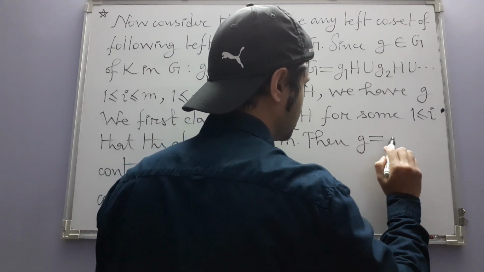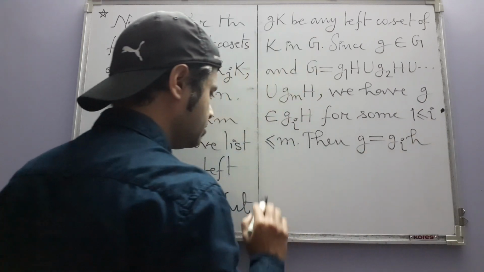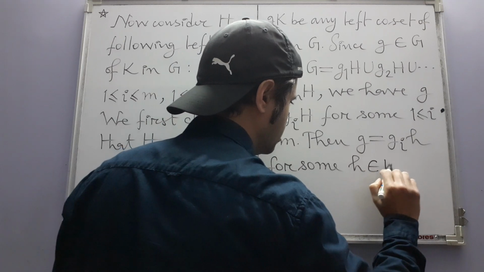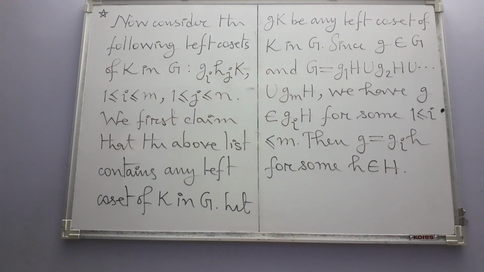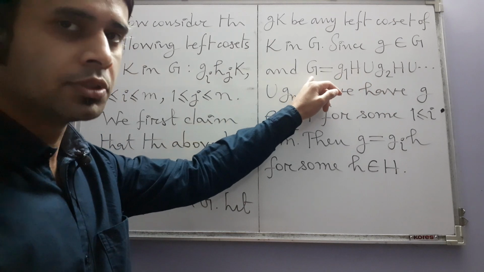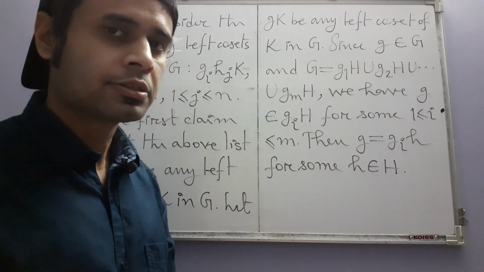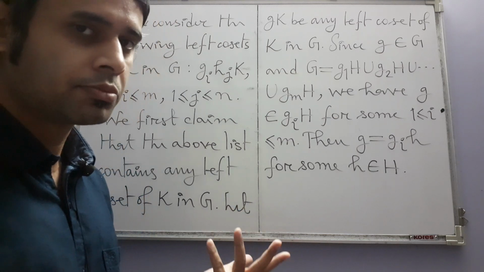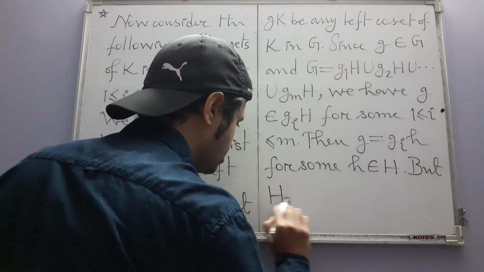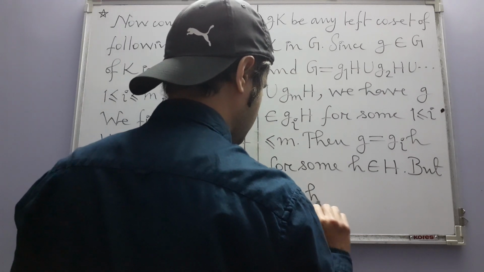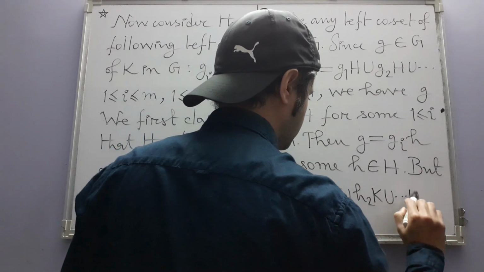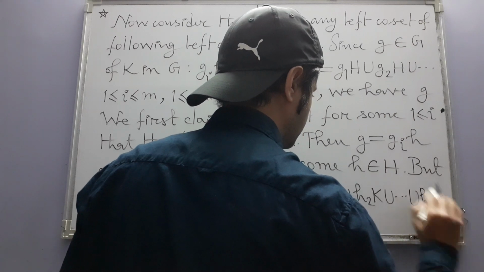Then g is equal to gi h for some element h in H. Okay, but just like the left cosets of H in G form a partition of G, the left cosets of K in H also form a partition of H because K is a subgroup of H. So H is equal to h1K union h2K, etc. union hNK.